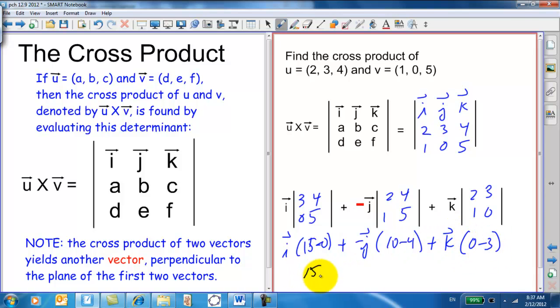So we get 15 i's, negative 6 j's, and negative 3 k's. So that's just basically the vector (15, -6, -3).